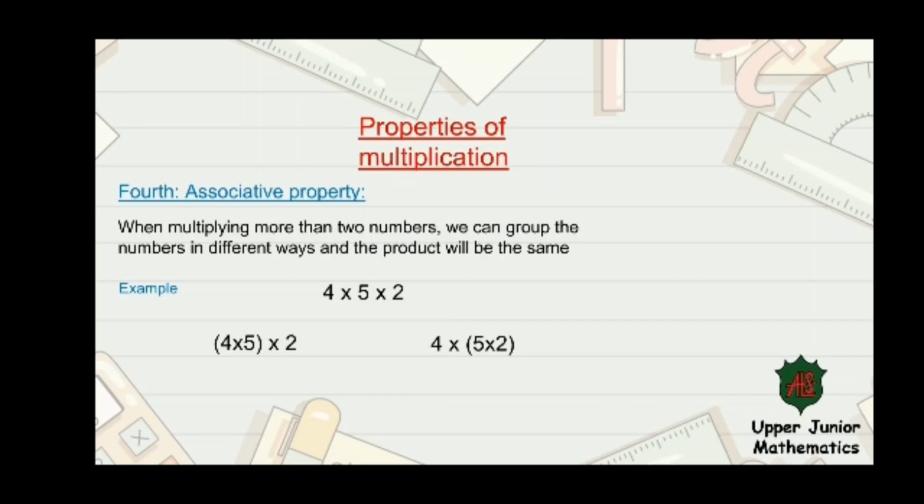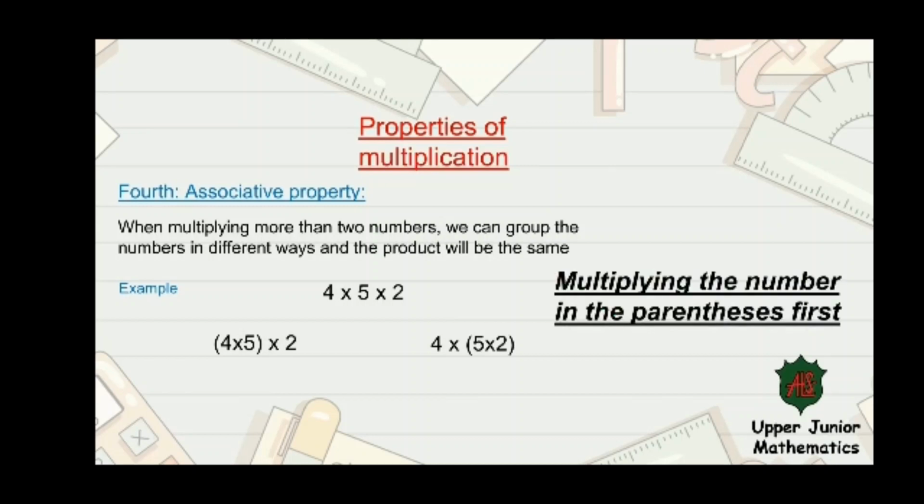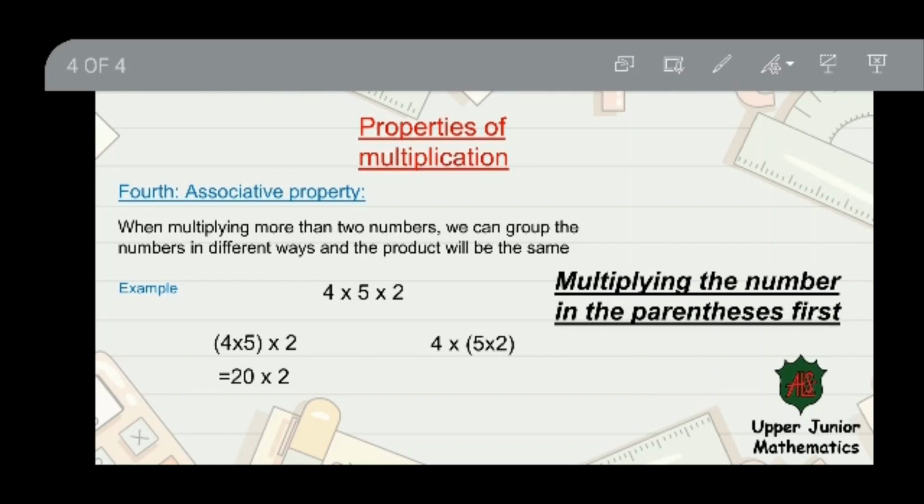Let's see. Don't forget you have to multiply the numbers in the parentheses first, or the brackets first. Okay? So, in the first case, we solve what's inside the bracket first. So, 4 times 5 is 20. So, it will be 20 times 2, which is 40.